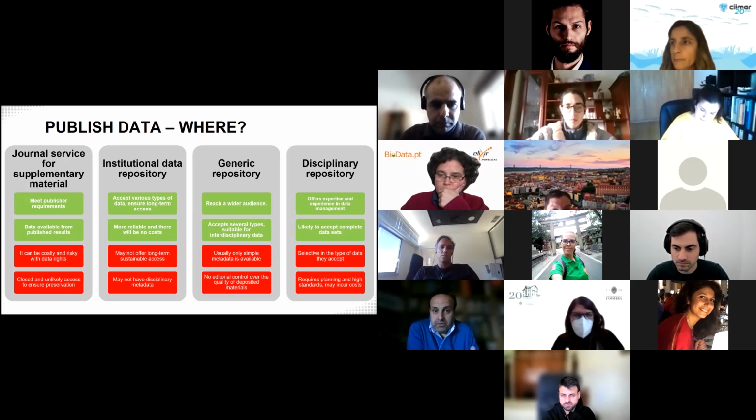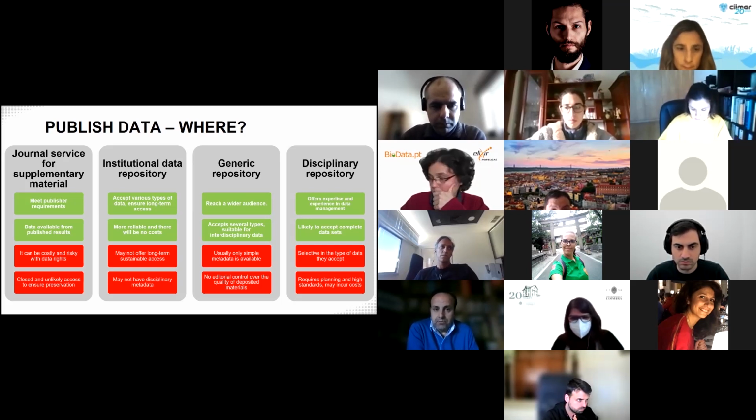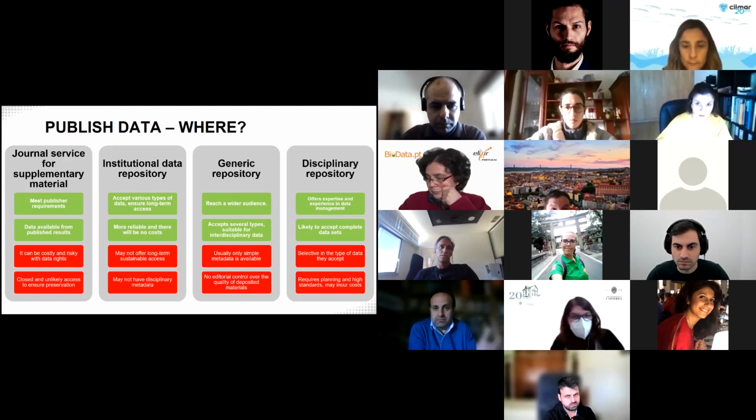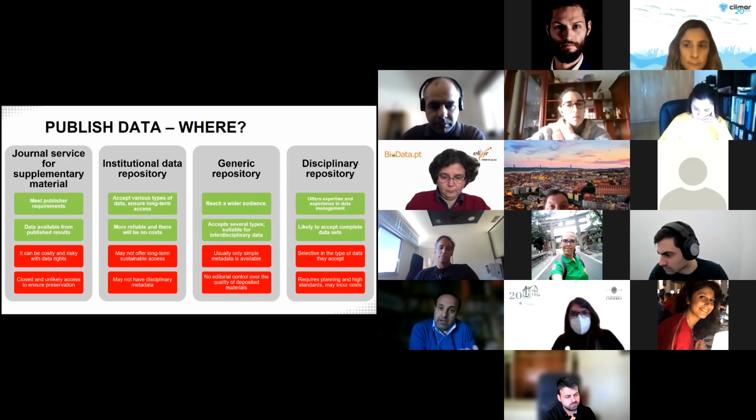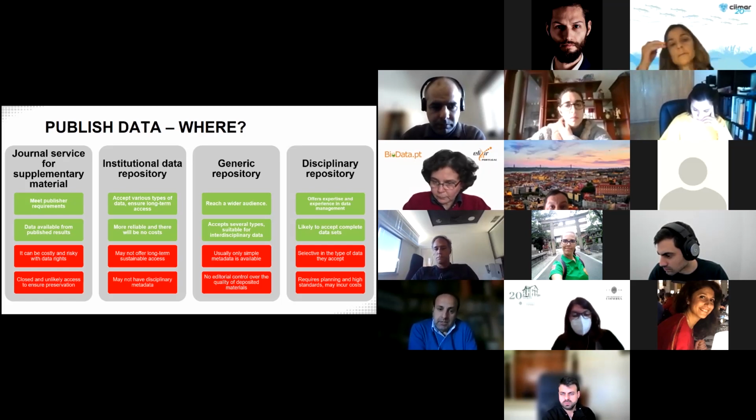So if you have an institutional repository, usually it accepts various types of data. Of course, it's more reliable for costs because it's an institutional service that follows some policies, but one of the more critical issues of institutional data repositories is that usually they are more generic, agnostic to discipline-specific descriptions, so it's poorer for specific disciplines.